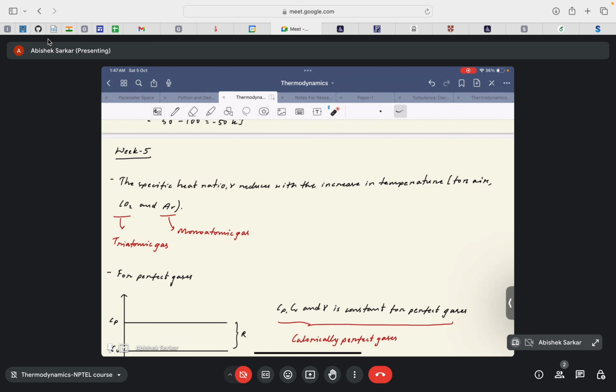Of course, under certain assumptions, but for most cases we consider air to be an ideal gas, and then we carry forward our calculations.